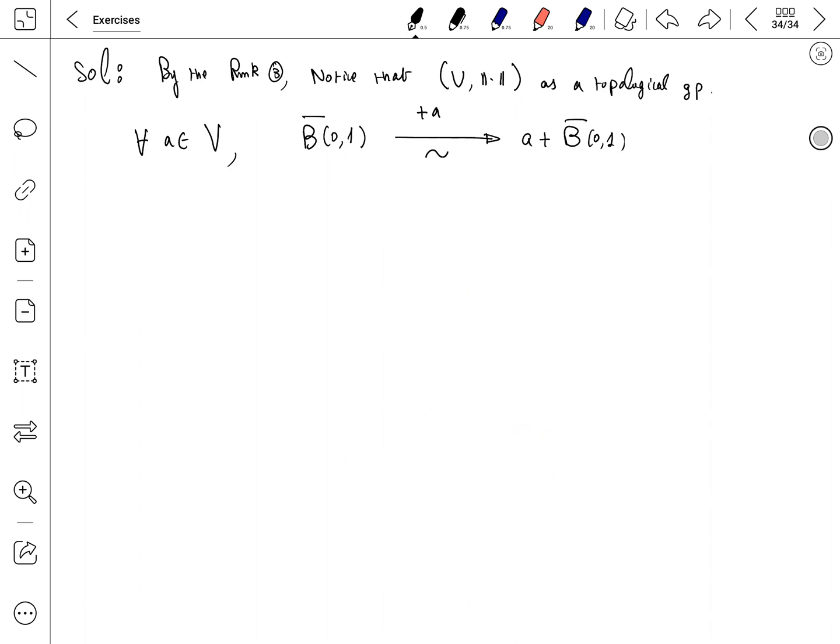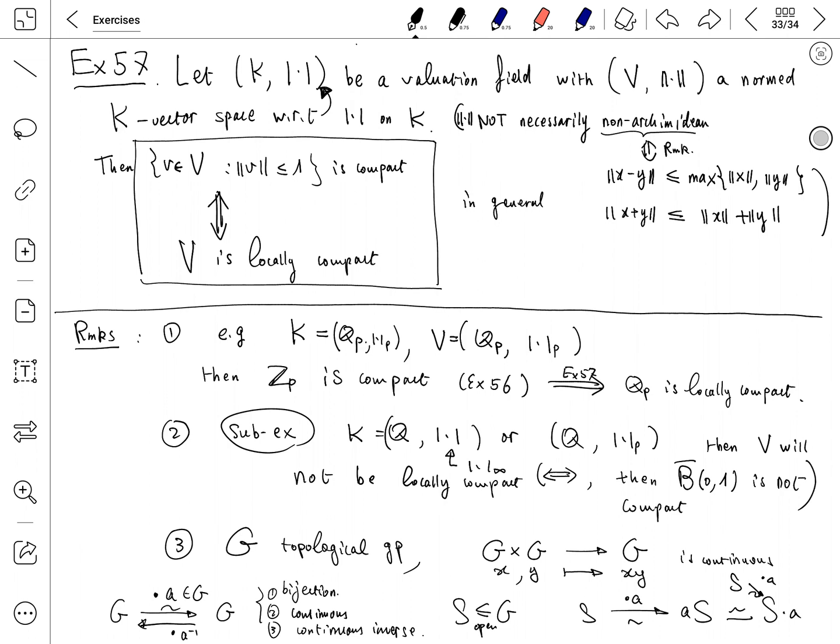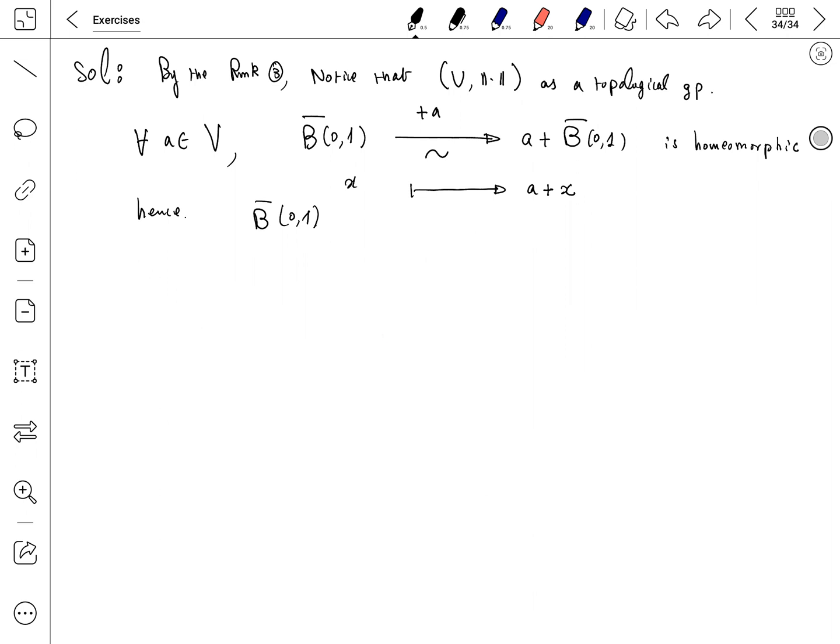This is a homeomorphism, right? So for any element here, we just add it to A plus X. Hence, if the unit ball, which we have actually defined, call this the unit ball centered at 0 with radius 1, is compact, this will imply that A plus the ball is compact.